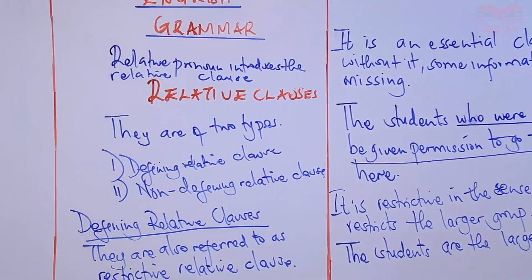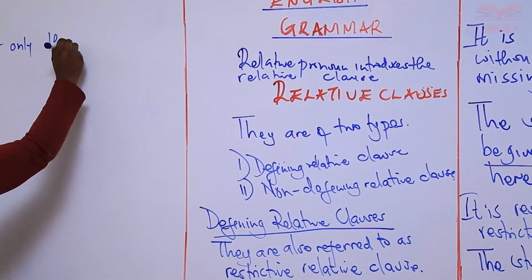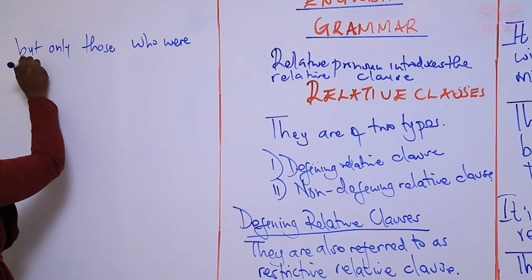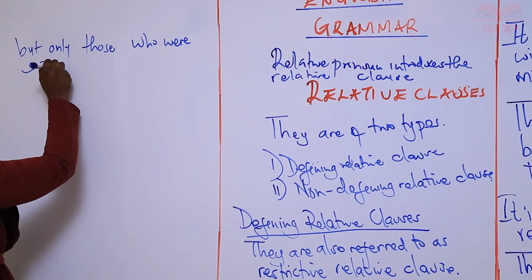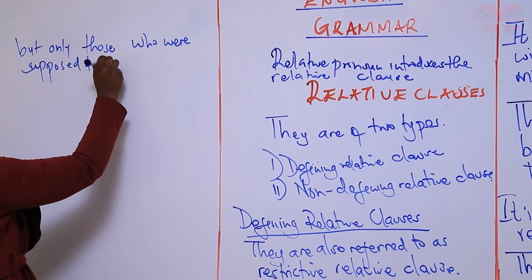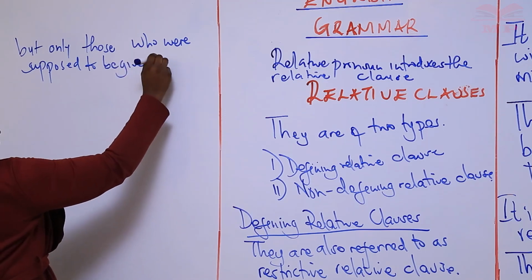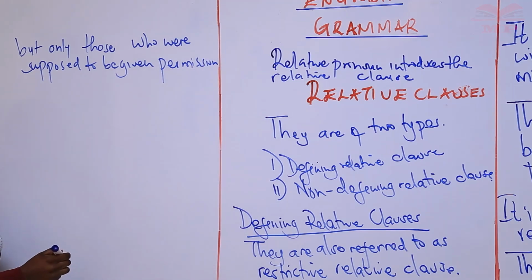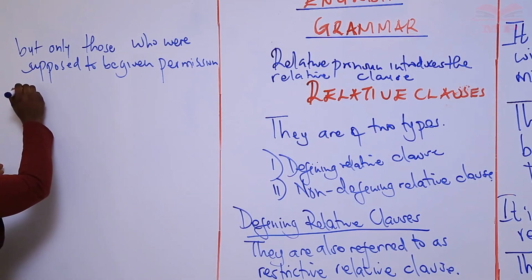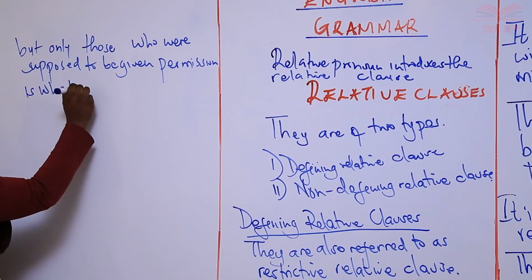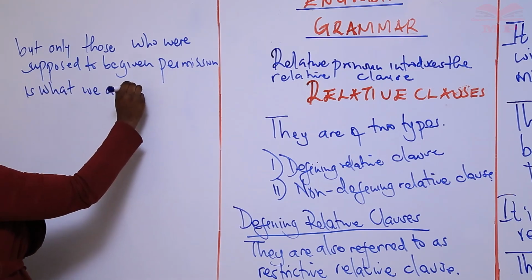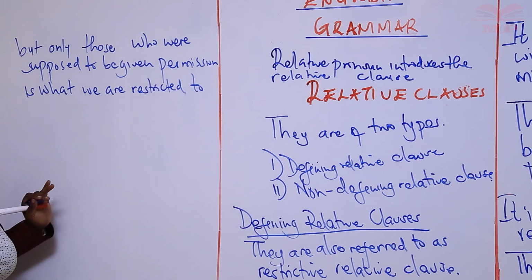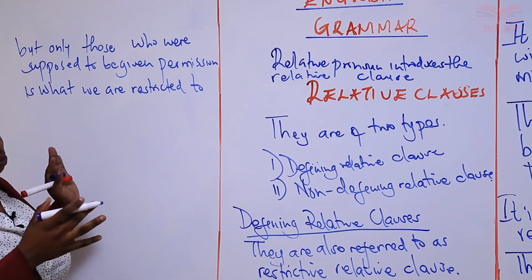But only those who were supposed to be given permission is what we are restricted to. Okay, we are only restricted to those ones that are supposed to be given permission.